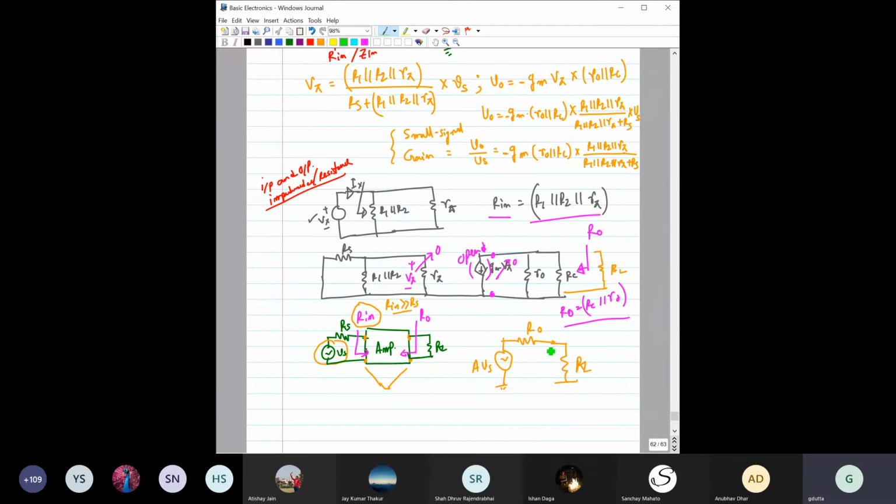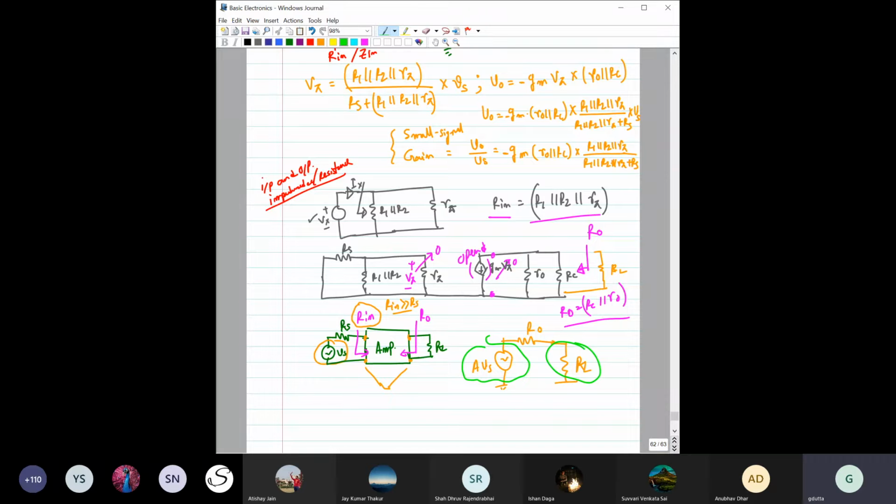Now you see, you want most of this voltage to be dropped across this RL. You do not want much drop across this R naught. So R naught and RL shall be parallel, right? Yes, R naught is parallel with RL. Again, it depends on which way you are making this transistor. There are different types of amplifiers.